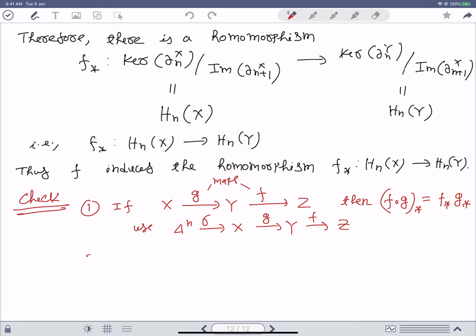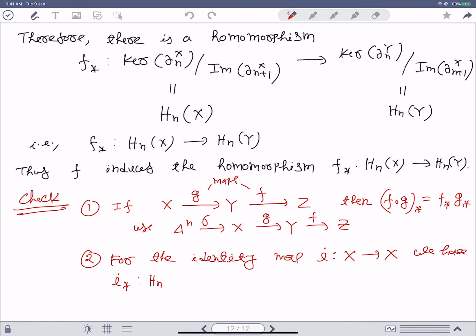And another one is, for the identity map, say x to x, we have i star, which is from Hn x to Hn x, is also the identity.